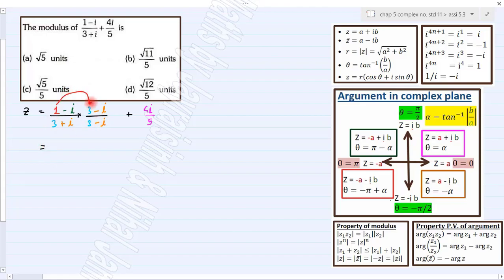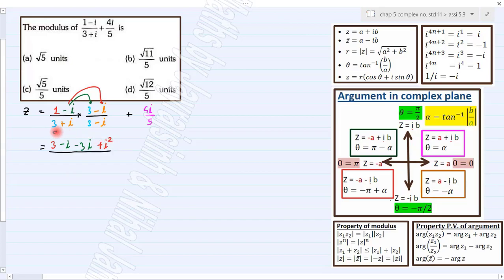So 1, 3s are 3. 1 into minus i is minus i. Then minus i into 3 will give us minus 3i. And minus i times minus i will give us plus i square. In the denominator, we have a plus b and a minus b, which will give us a square minus b square.